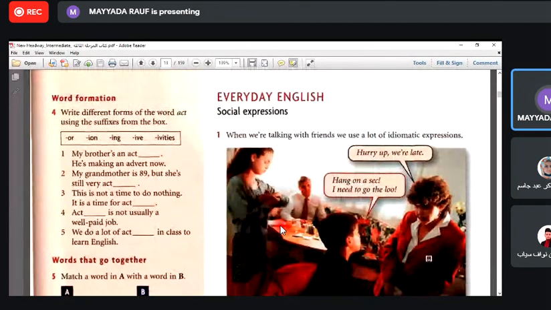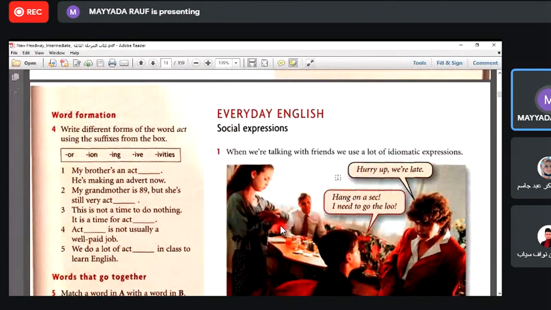Like here, for example, these are what we call idiomatic expressions. When we are talking with friends, we use a lot of idiomatic expressions. For example, hurry up. See? So the word hurry should be used with up because it is an idiom. We are late.